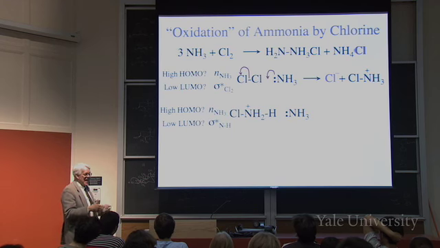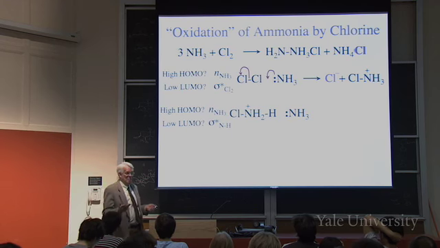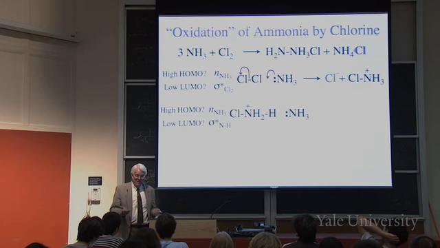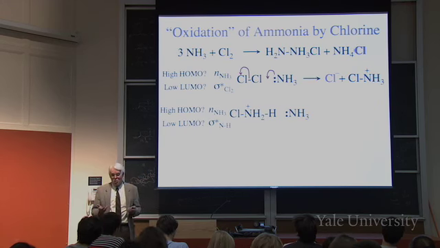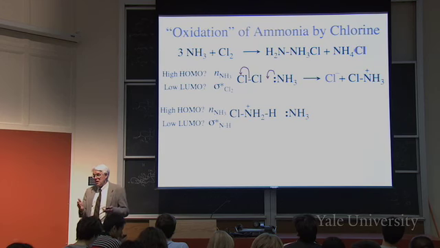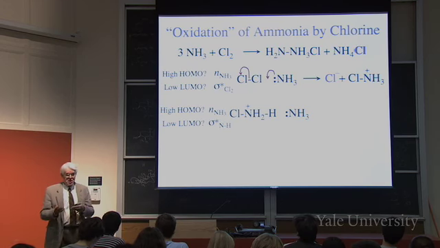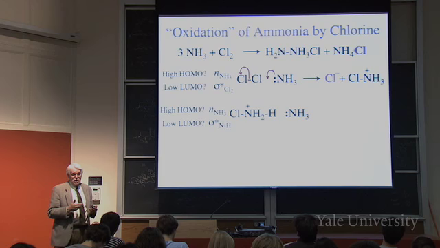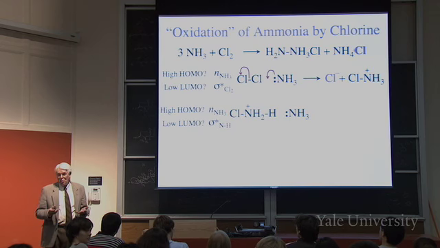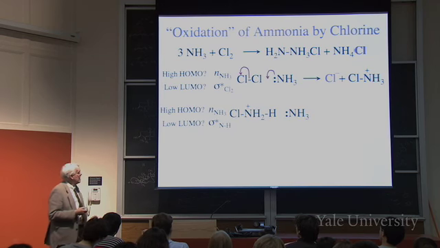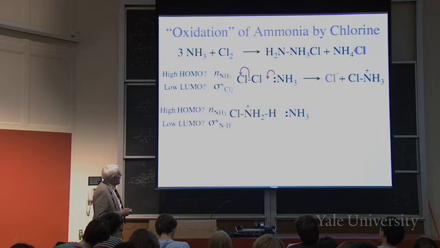It could happen till the cows come home, but the product is the same as the starting material and no one cares. It would exchange which nitrogen is attached to the chlorine, but unless you label them with isotopes or something, you'd have no way of knowing. So that probably does happen, or at least I suspect it happens some of the time, but you don't care. So now we resort to Yunju's suggestion that we'll use a different one so we get a different product, okay? So we'll attack the NH bond.